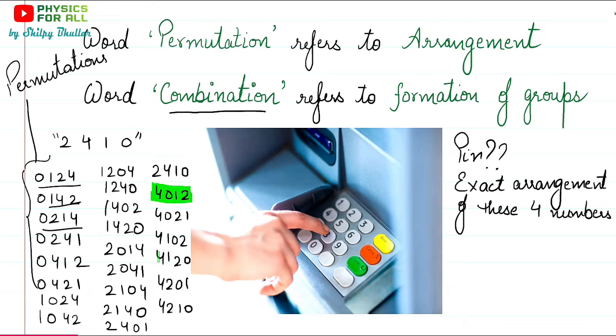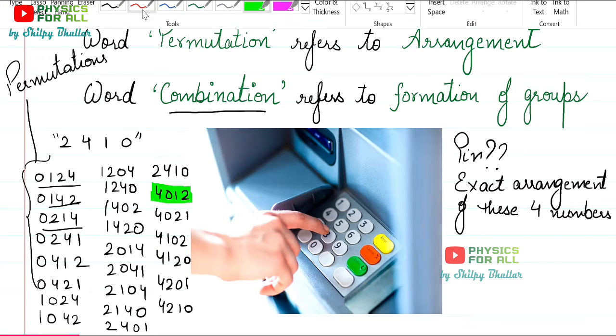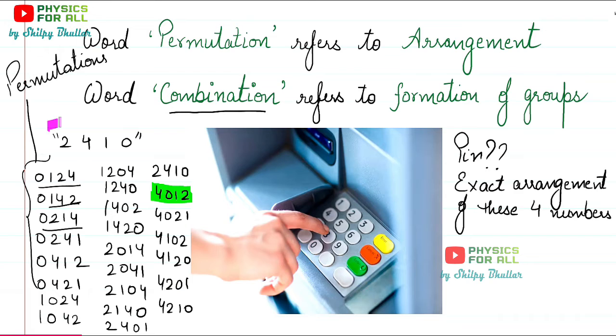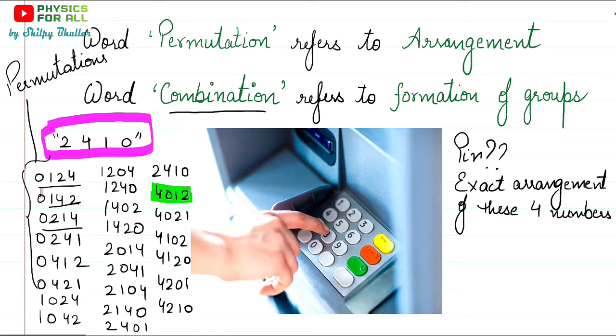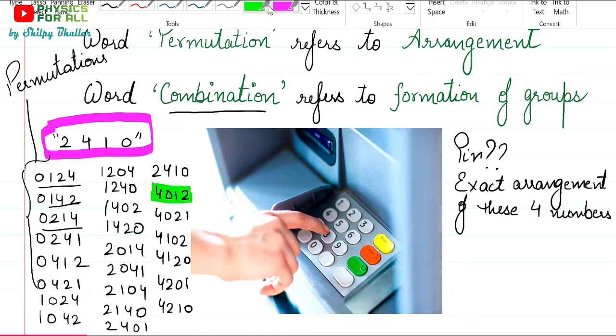and suppose 4012 is the correct pin. So now you can see this 2410, the digits he told him, that was simply a combination. He just told a combination of 4 numbers, that okay, those 4 numbers are in the pin. But all these arrangements that he made later on, they were permutations.